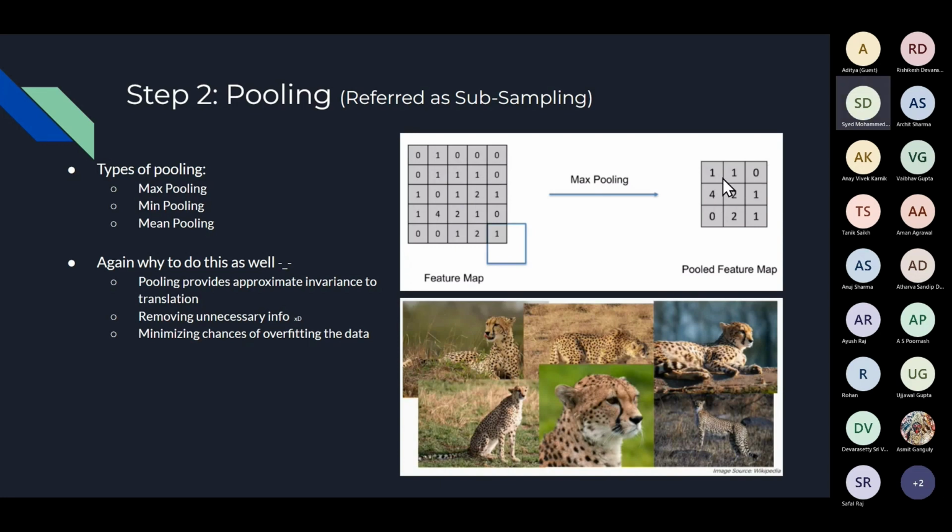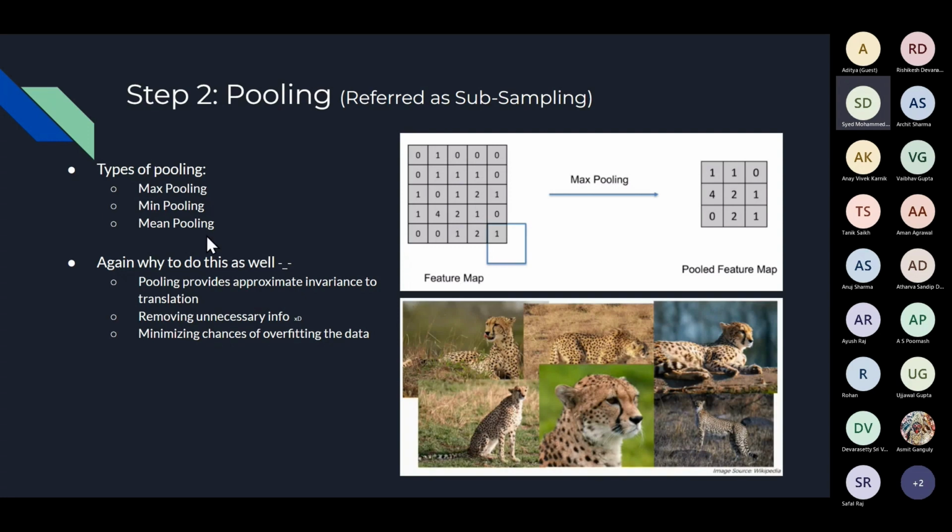Then we have a stride of 2 in the y direction. The box initially was over here, so in the y direction we shift 2 units downward. Now the box is over here, and we take the maximum value amongst all these values, and we have 4, and so on. So that is how the pooling process works.